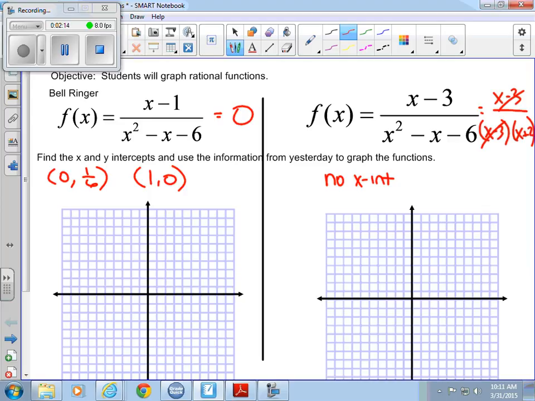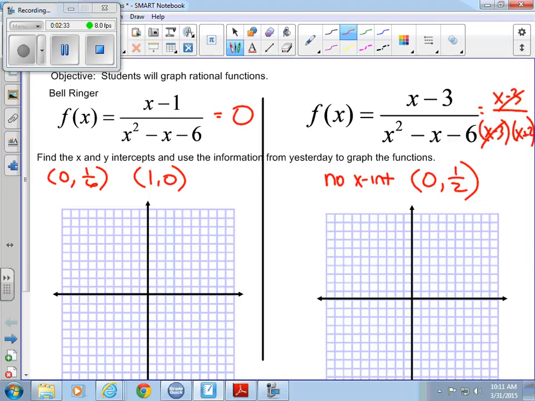If I tried to plug in 3, I'd get undefined. I'd get an error. Here, if I plugged in 1, I'd get 0. No x-intercept. The y-intercept, how did I find the y-intercept again? Plug in 0. -3 divided by -6 is 1/2.